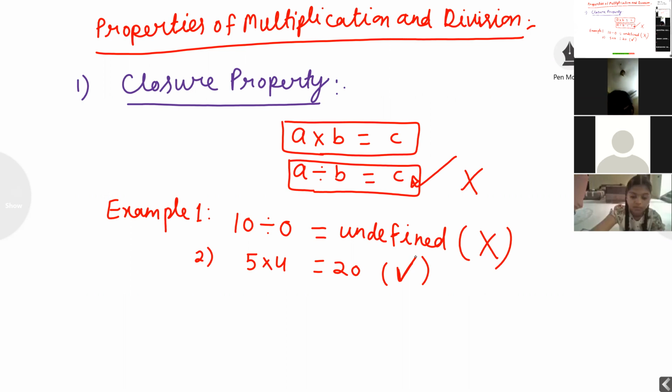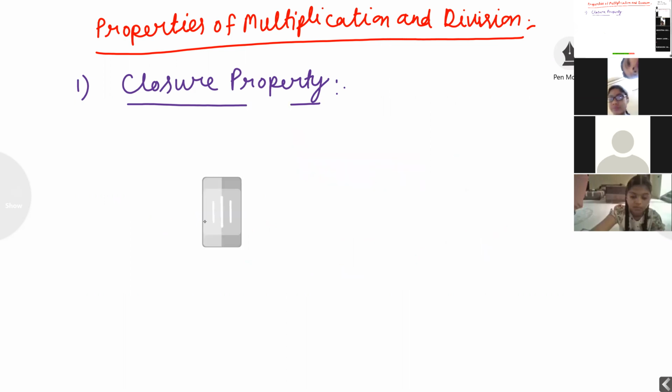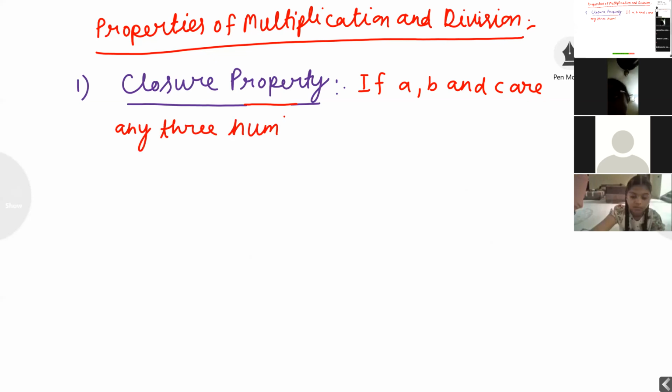Now, look here, everyone. If A, B, and C are any three numbers, then A into B is equal to C, A divided by B is equal to C. But in the case of 0, we can't apply this property.